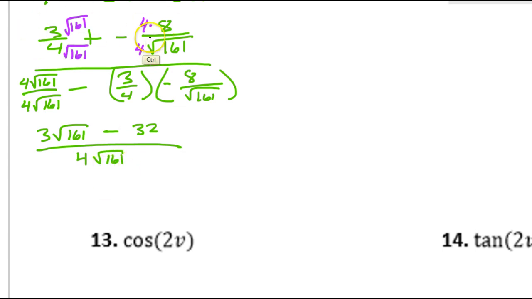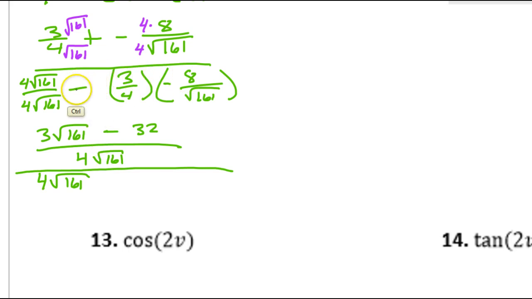So that's the numerator. Now I'm about to do the denominator. Okay, so I have 4 radical 161. Now, this is a negative number, because I have a positive times a negative, that's a negative.